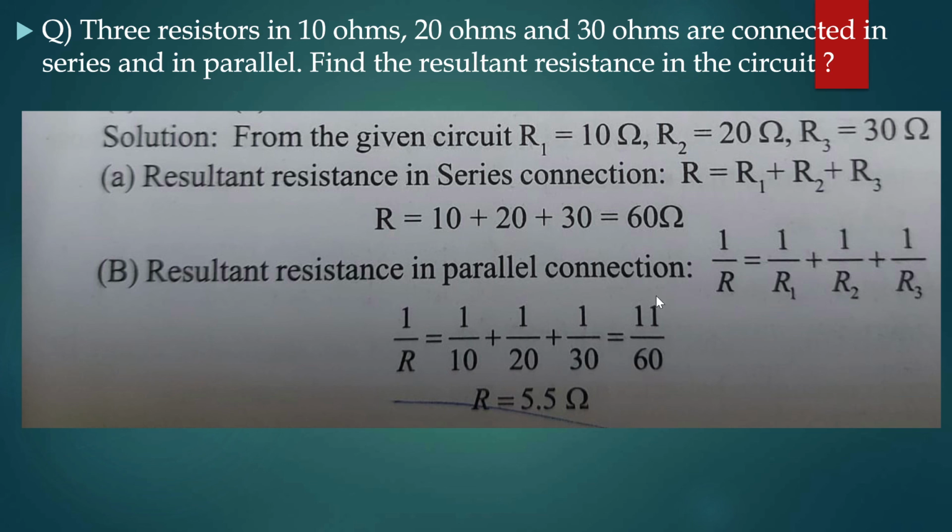Here we are directly substituting in the first formula. 1 by R equal to 1 by 10 plus 1 by 20 plus 1 by 30. On simplification, we get 11 by 60, which is equivalent to 5.5 ohms. So the resultant resistance in the parallel connection is 5.5 ohms.